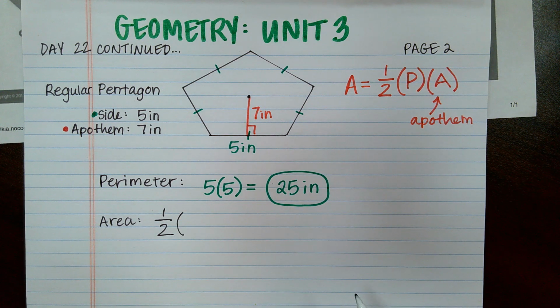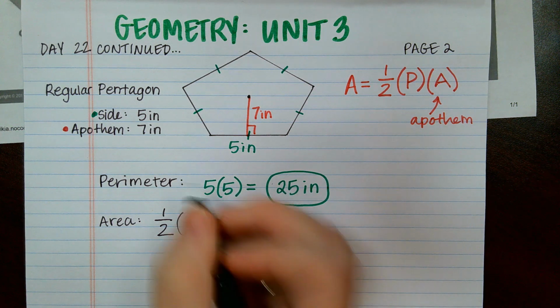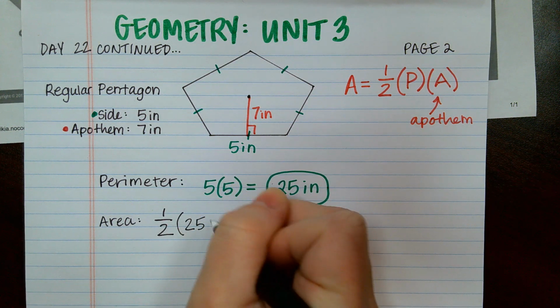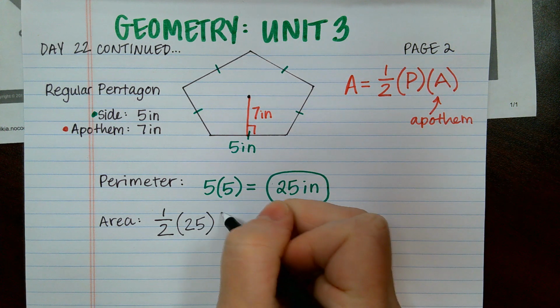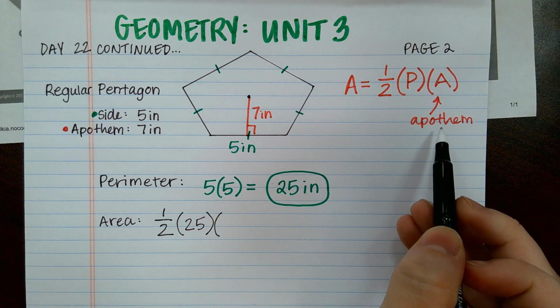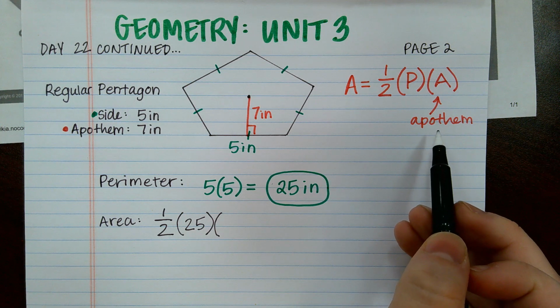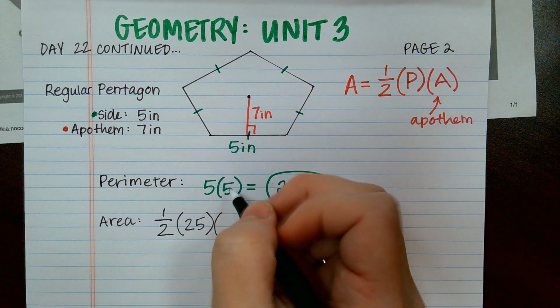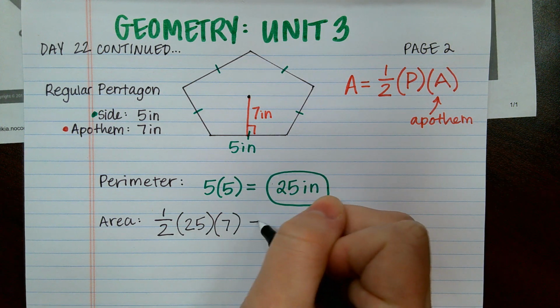I've got 1/2 times, what's our perimeter? 25, good. 1/2 times 25 times what? Perfect, times 7.